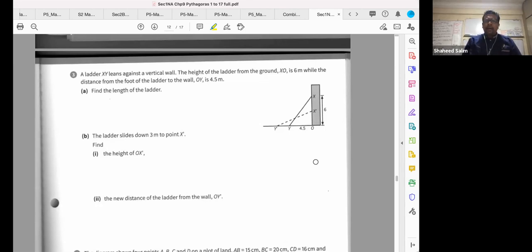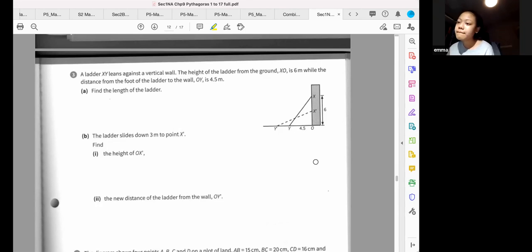So you can find now what is the length of the ladder. $7.5. Well done.